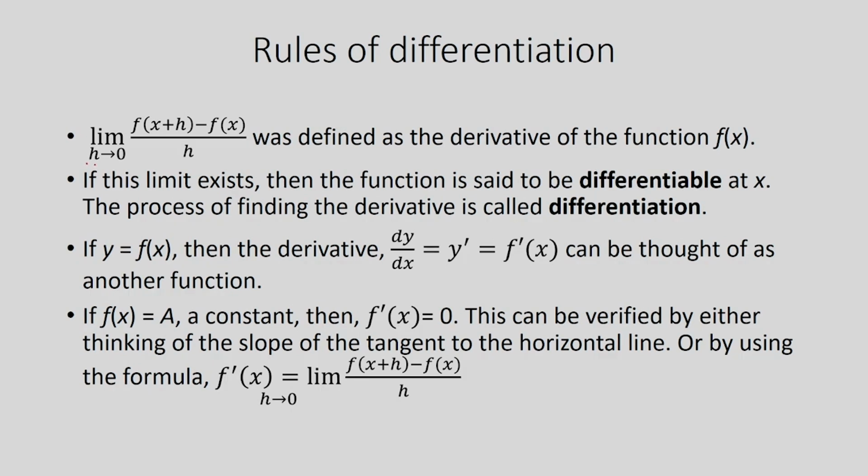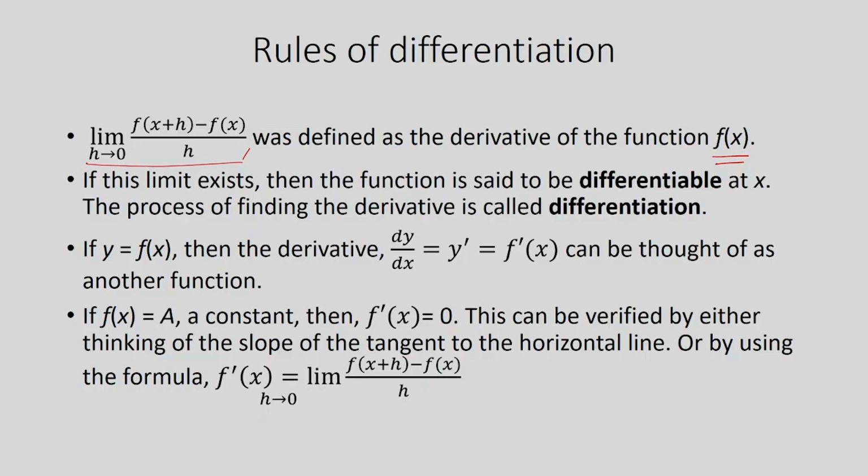As we know, the differentiation of any function can be done, and this is called the derivative of this function f(x), right, at any value x. So, this is called the derivative: limit of h goes to 0, f of x plus h minus f of x divided by h.